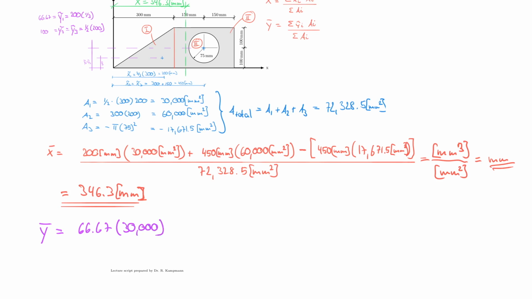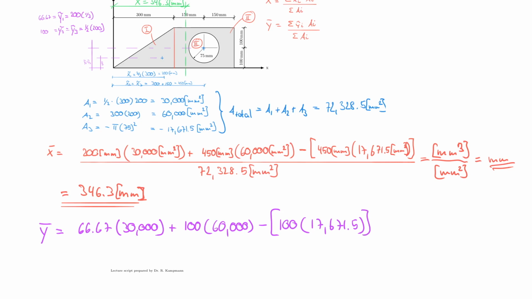And you notice I don't use units here right now, just to save you some time. Now my Y tilde 2 was equal to 100. And I multiply that by 60,000. And then again negative 100 multiplied by the very same area, 17671.5.